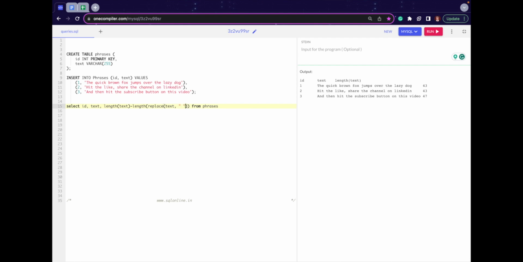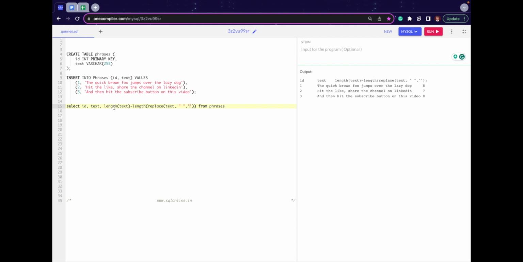You want to replace a space with nothing. So what's going to happen? It's going to find all the spaces and replace the space with the replacement entity here, that is nothing. So let's run this. Alright, so it says 8 spaces.